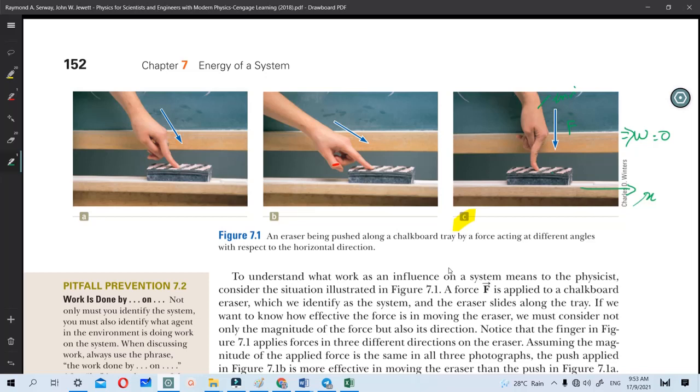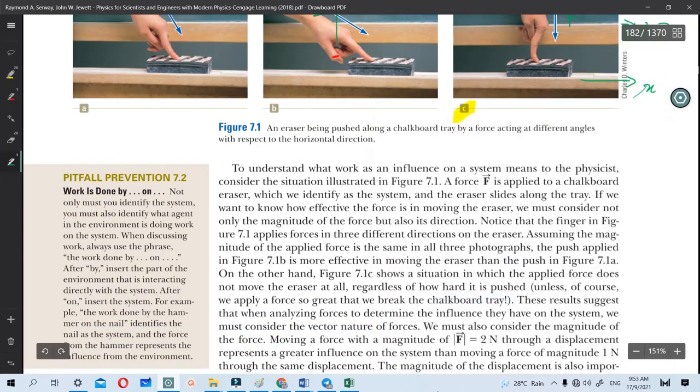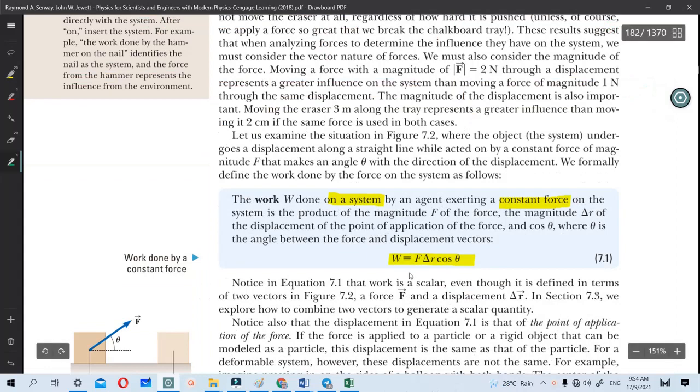How do we do it? When we introduced the expression earlier, work is defined as the product of F, the displacement R, which is the magnitude of displacement, and cos theta.